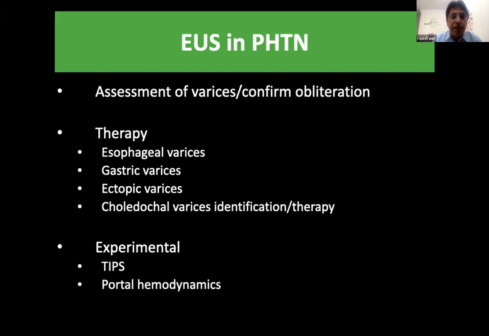A decent amount of literature is available about the role of EUS-guided management of gastric varices. There are case reports on ectopic varices, and diagnosis of choledochal varices, especially before biliary intervention or when surgical colleagues want to operate. It also has an experimental role in TIPS as well as assessment of portal hemodynamics.